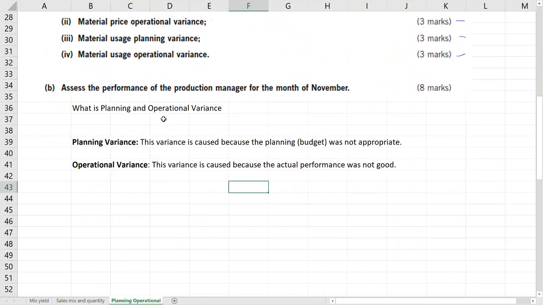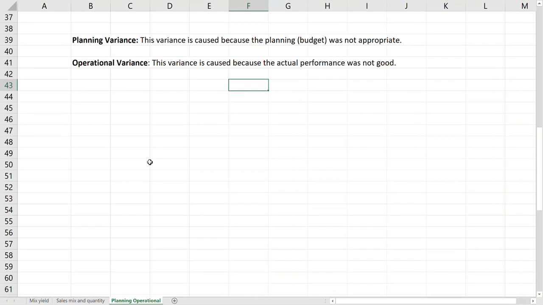So let's start. I'm going to write original budget, and then revised budget, and then actual performance.